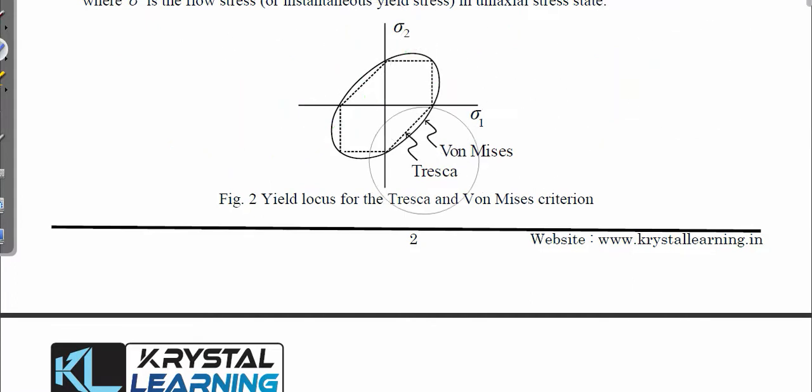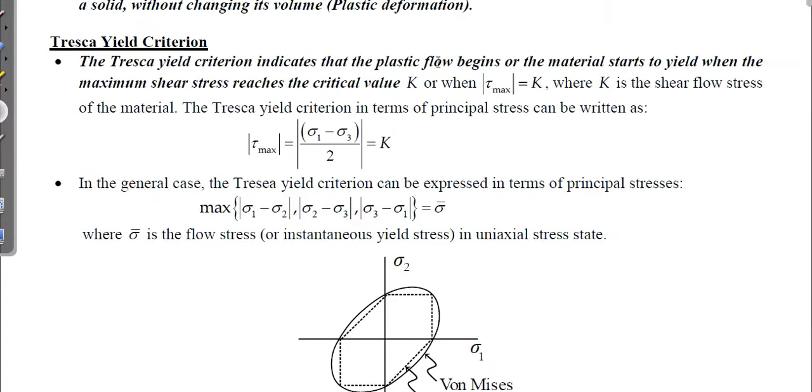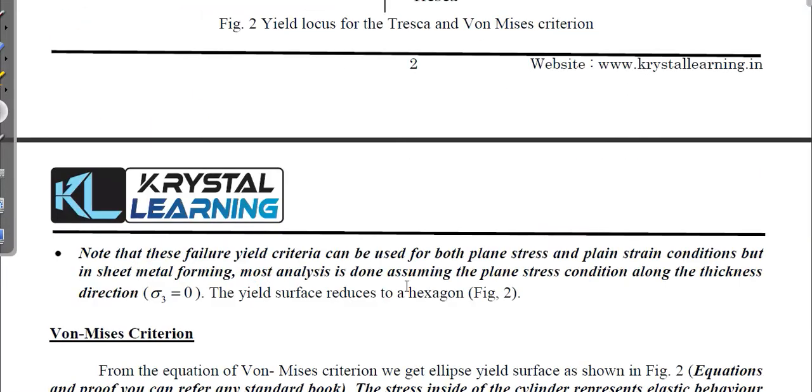So this is the significance of this diagram, and you can read from it that yielding or plastic flow will begin when the maximum shear stress reaches the critical value, and the critical value is this condition. Inside this cylinder the material is safe, not failed, because failure will begin when it starts to yield, okay. Then we consider that yielding will start from this point. So these things are written.